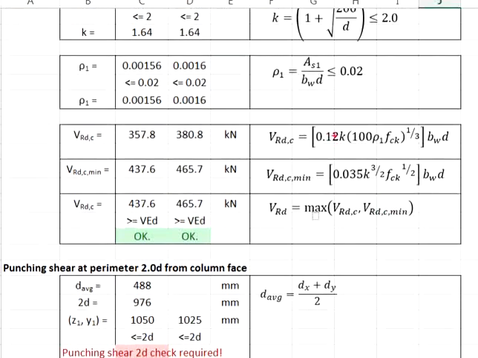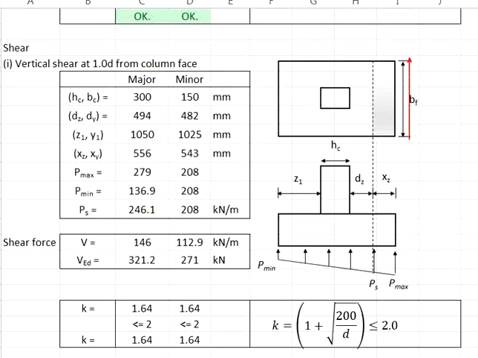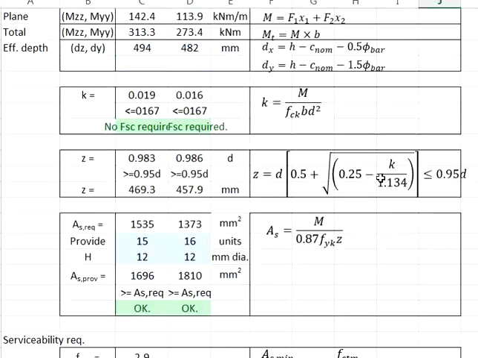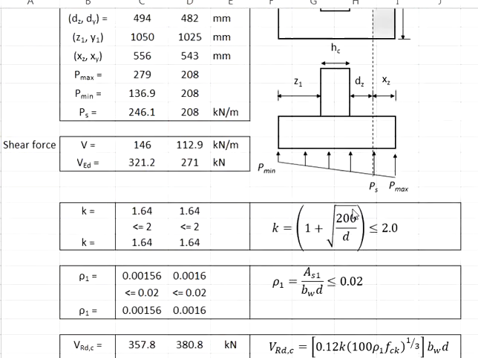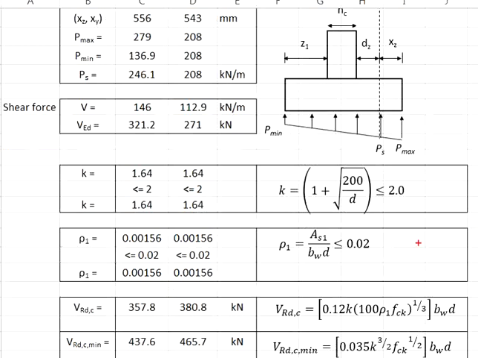The b for these equations shall be taken as this width, not this width, since we are talking about this shear plane. This b here is equal to 2.2 meters. This is how you get rho 1 equal to 0.00156.